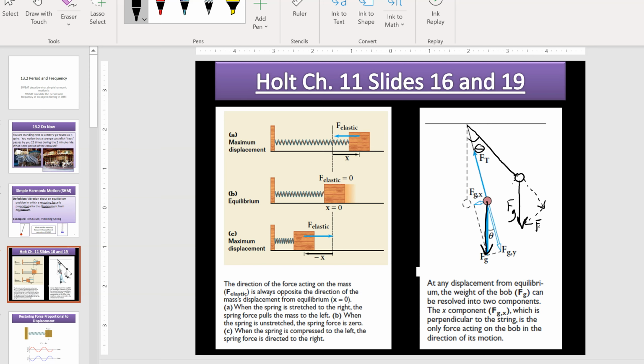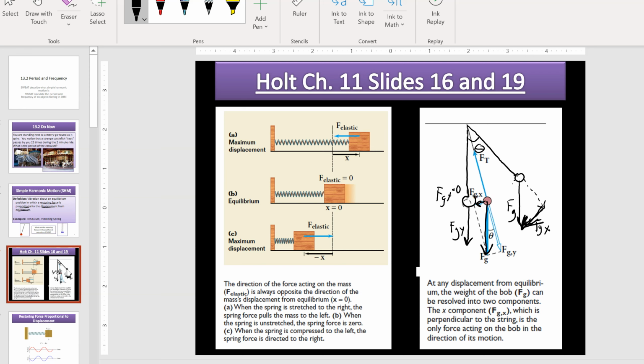So this is FGx, and this is bigger than this tiny bit. And when it's right in the middle, there is no x component of that weight. It's all acting in the y direction. So in the middle, in equilibrium, this FGx is equal to 0, and it increases the further away you get.